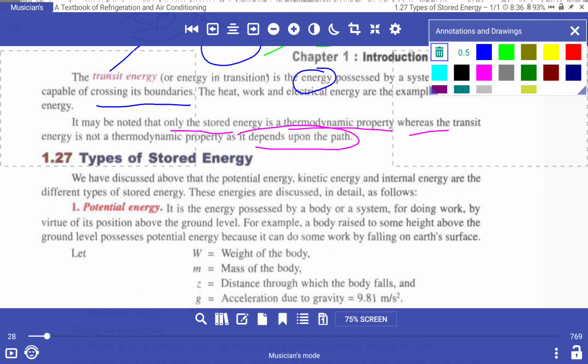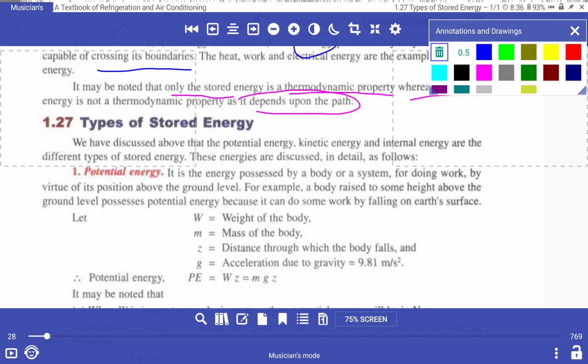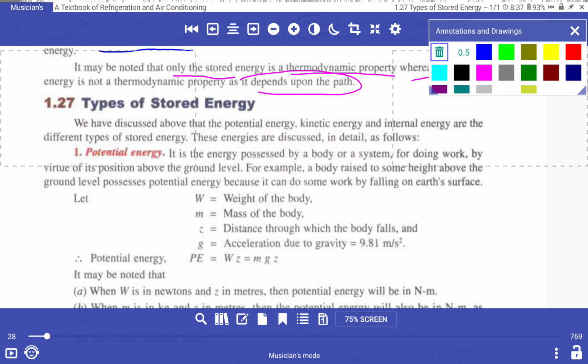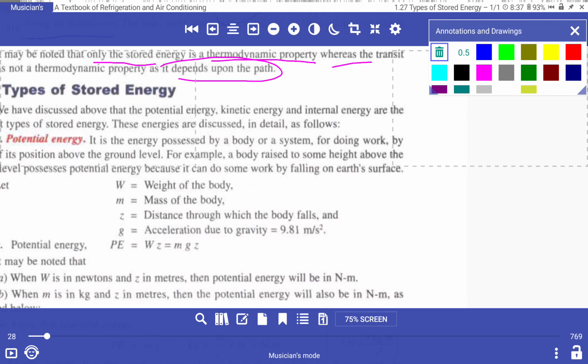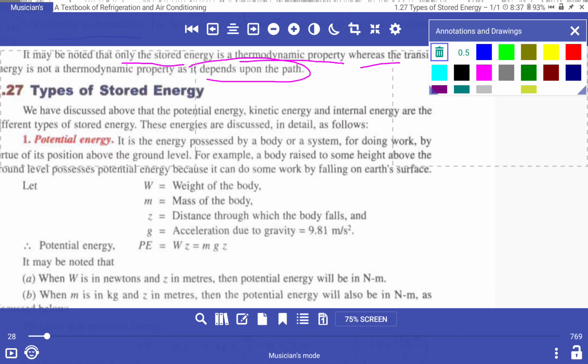So, types of stored energy. Potential energy. It is the energy possessed by a body or a system for doing work by virtue of its position above the ground or level, right?